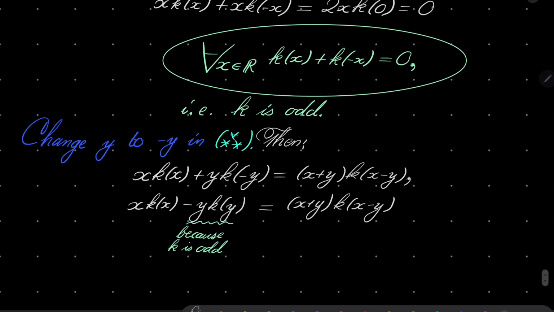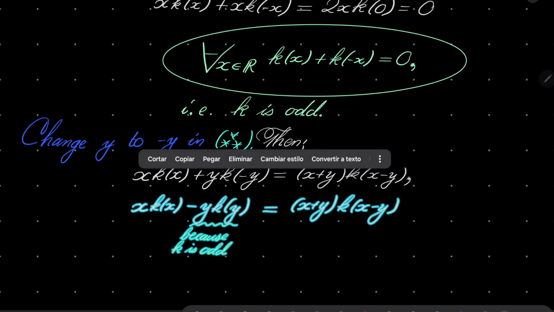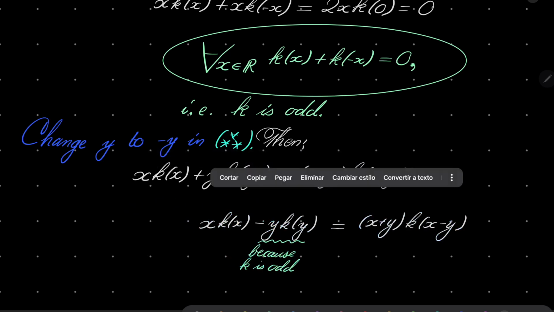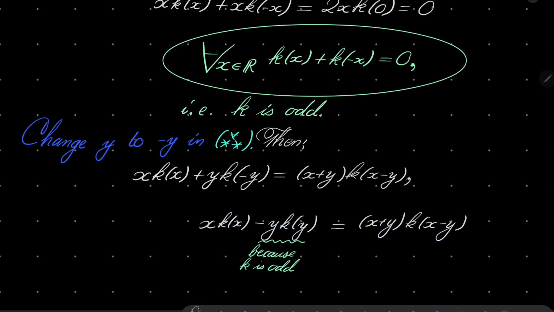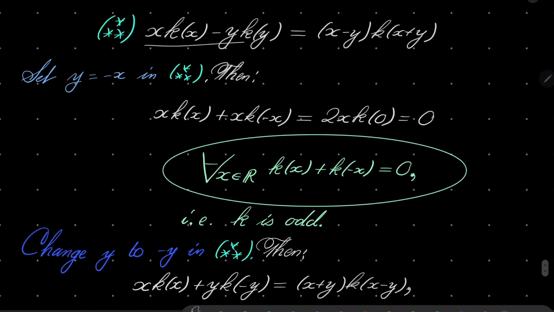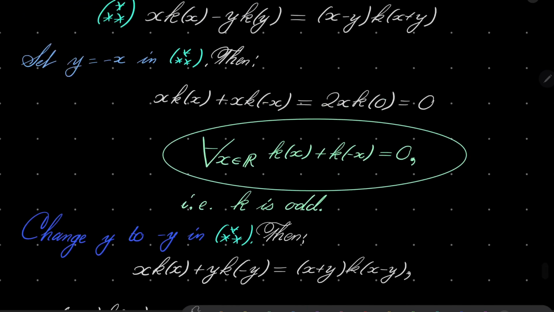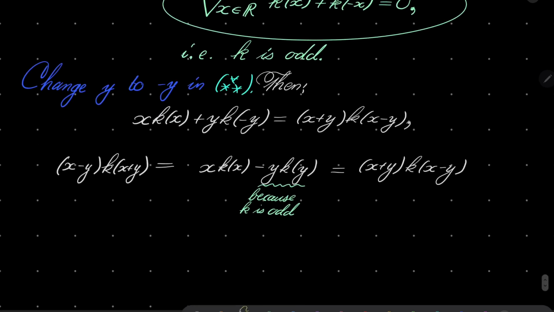All right, but now look closely. This expression, which stands on the left-hand side, is what exactly? X k of x minus y k of y is exactly the same as x minus y k of x plus y. It's exactly the same. Just look at the equation triple asterisk. All right, now we have something. So this equals that for all real numbers x and y.